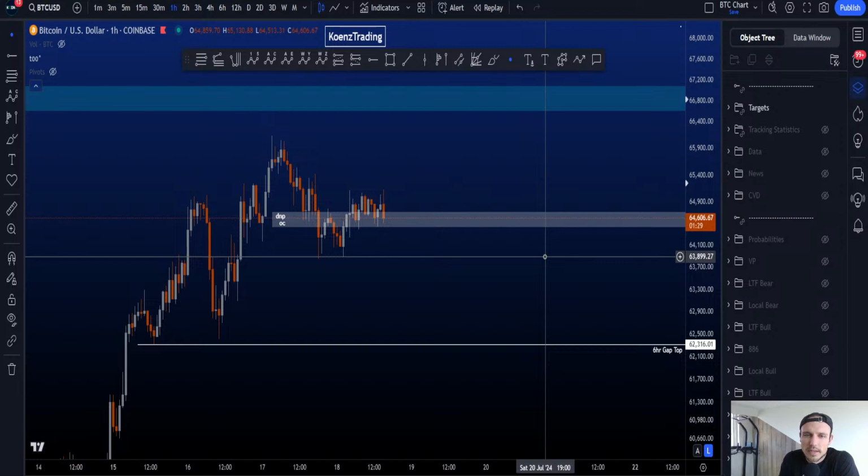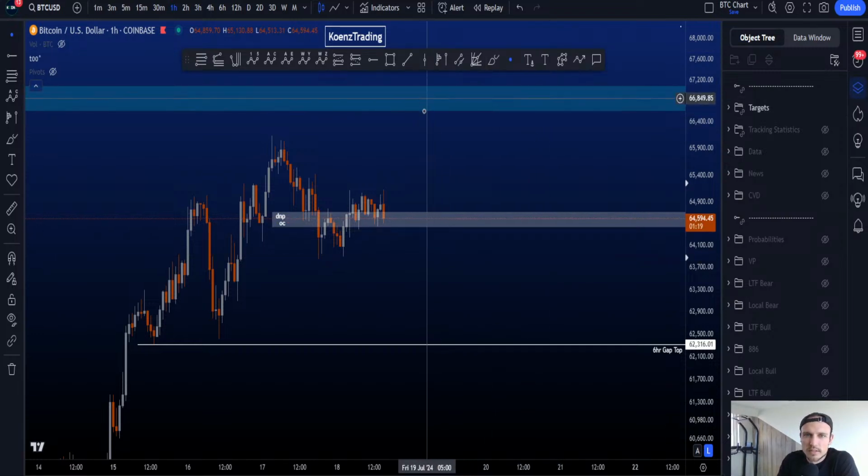On the daily time frame, I would like to see 68, 69, 70 before reversal. And on the 1 hour time frame, this resistance here is interesting. But then again, you need a plan, you need a strategy to enter a position that gives you confidence.